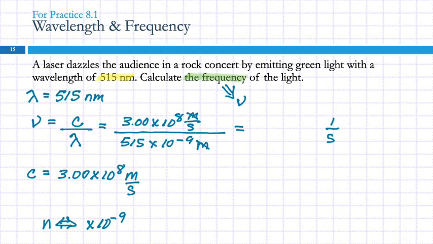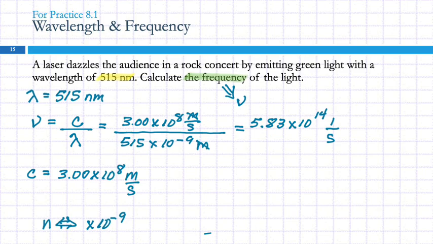So I've got 3 EE8 divided by 515 EE negative 9. And I should have 3 sig figs here, so I'm just going to go ahead and round it. 5.83 times 10 to the 14.